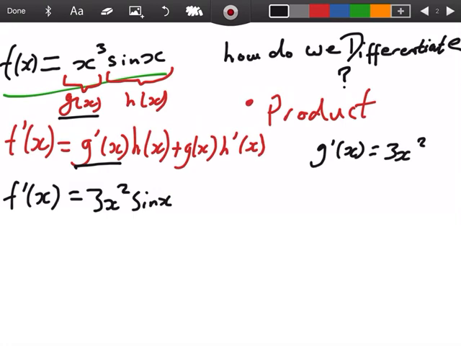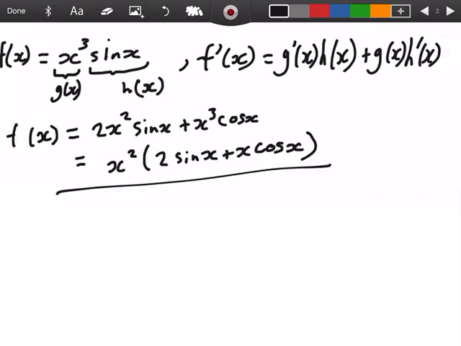I've actually written it on the next page, as a matter of fact. So here it is. We've taken this here. f dash x equals g dash x h(x) plus g(x) h dash x. Sorry, it's a bit of a mouthful. And then we get two. That's incorrect. That is wrong.